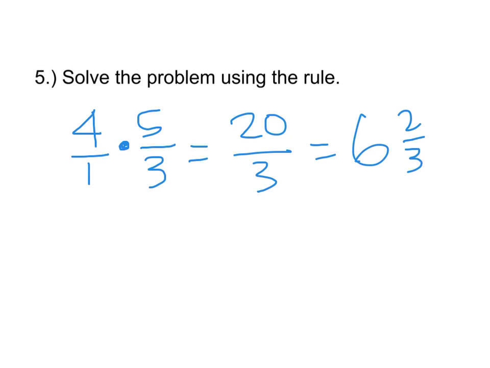So what's important to note, and this is something that you might already have as background knowledge, is that 4 over 1 divided by 3/5 is equivalent to 4 over 1 times 5/3.